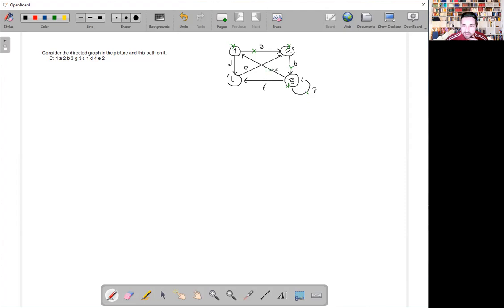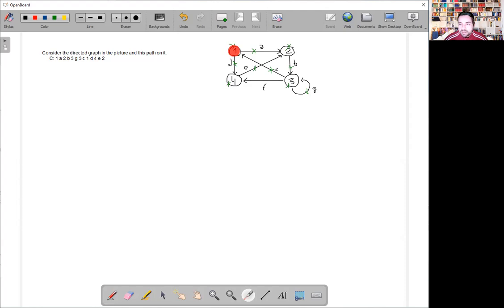We take C. And we go back to the first node. From here, we take D. And we go to the fourth node. And in the fourth node, we take E. And we end up in 2.